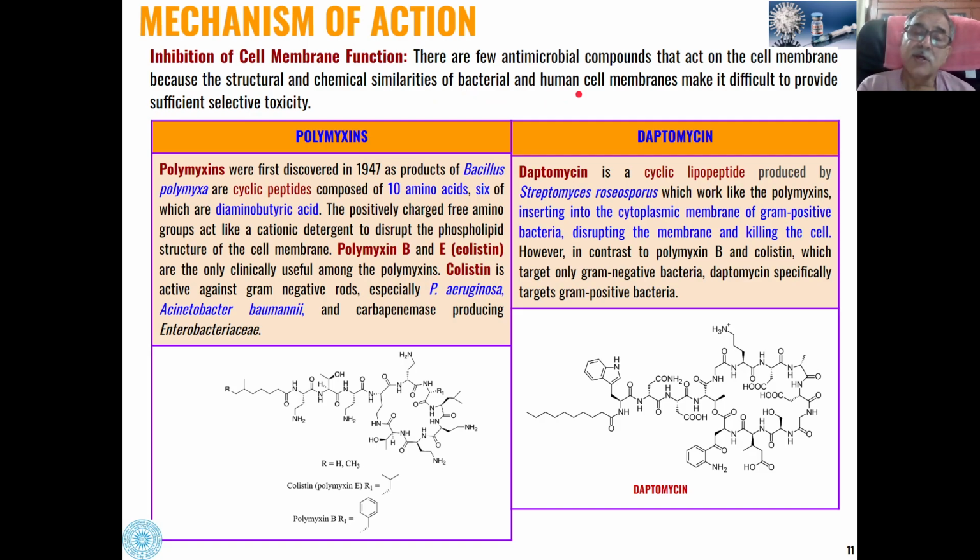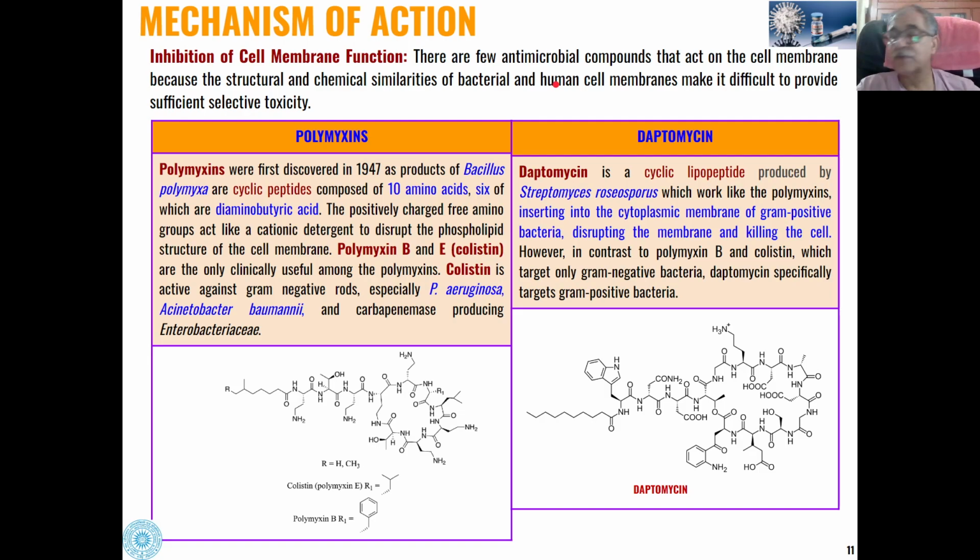So because of the structure and chemical similarity, it is difficult to have an antibacterial agent with selective toxicity.